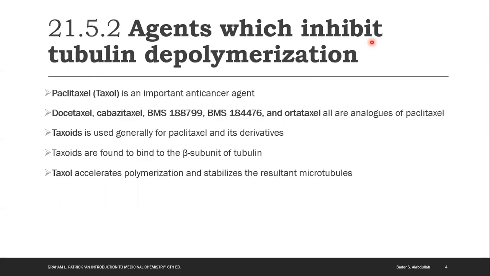The problem with paclitaxel is that you need 2 trees just to isolate enough amount to treat 1 patient. It's an effective anti-cancer agent, but that's the problem. So for each patient, you need 2 trees.